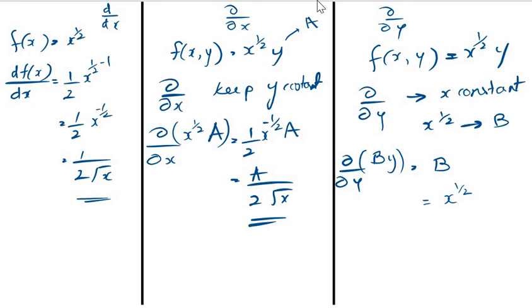We could also substitute the value for a here, and we can say a is y, so the answer would be y over 2 square root of x. It's best that you not keep these constants but substitute them back so that you have all the original variables. Let's do another example.